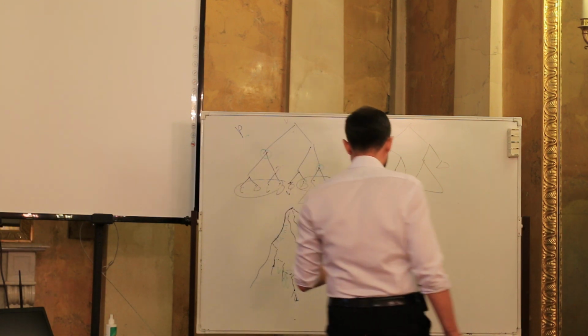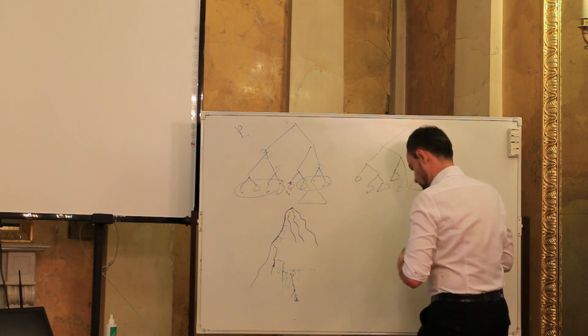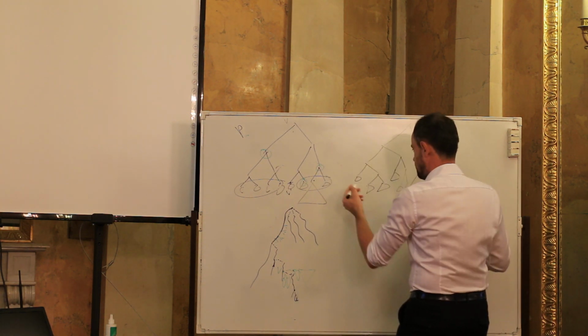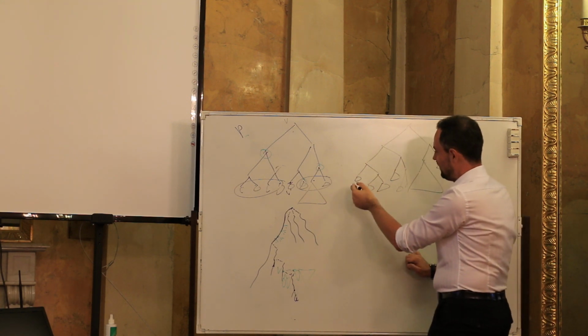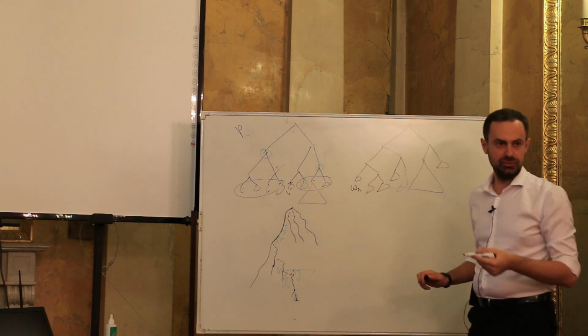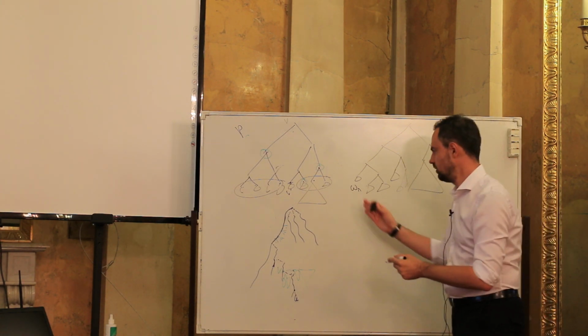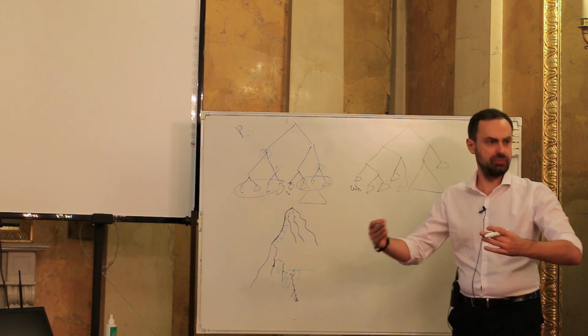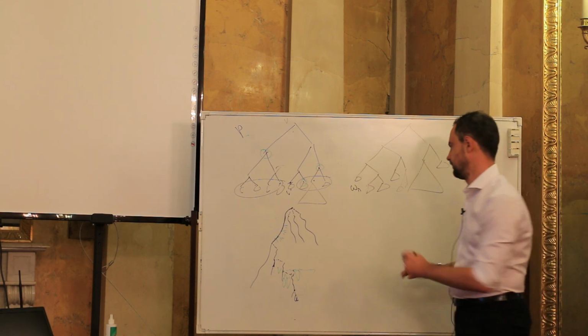So I claim the following. So this is a cool trick, I think. One of my favorite tricks. So let's specify weights for every leaf: w1, w2, up to wk. The weight will be just the size of the subtree, but at this point it's not important. We just think about the weight.